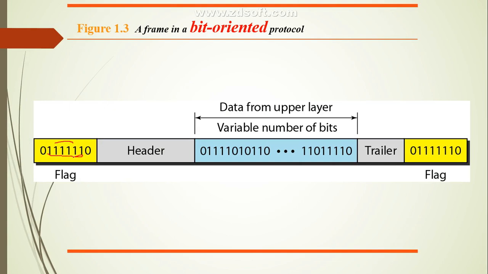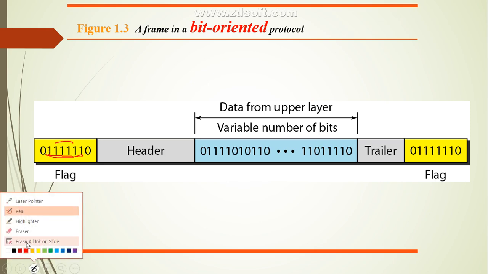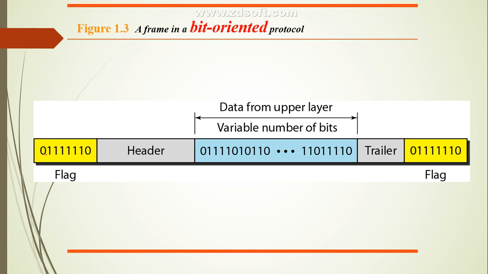So bit stuffing is the process of adding an extra 0 if 5 consecutive 1 bits are encountered. Suppose a 0 is there, then 5 consecutive ones are there, 3, 4, up to 5. After this we are going to insert a 0 over here. So this is nothing but your bit stuffing.